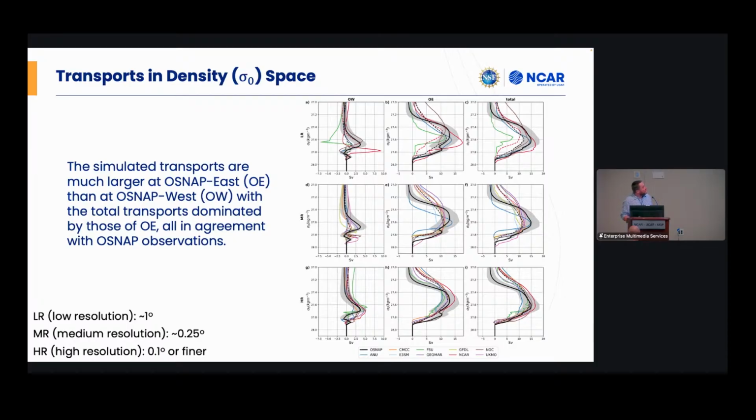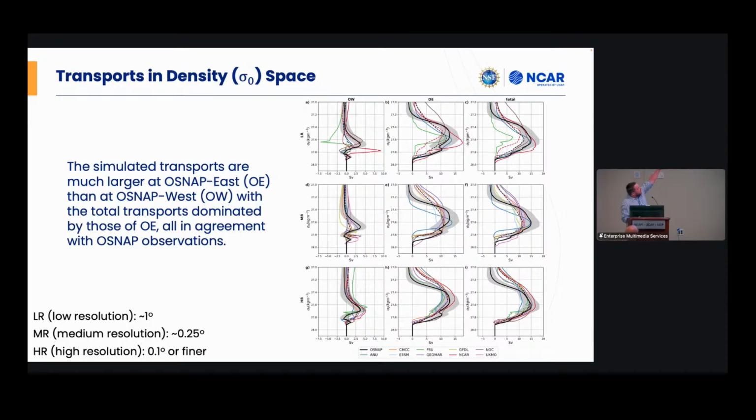What you see is that the models are in agreement with the observations in the sense that the transport at OSNAP West is much smaller than the transport at OSNAP East, and the mean overturning is dominated by what's happening on the east side.